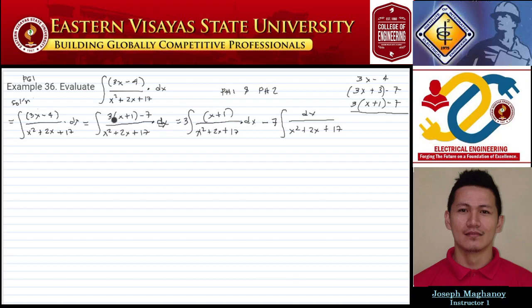We just move the 3 as a real number constant. Okay, so we have two integrals. So we need to integrate each subject. So we'll start here first. We'll start this dx first.